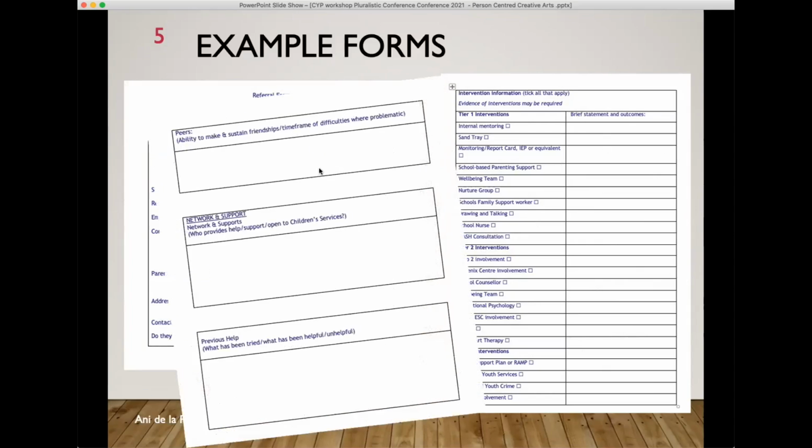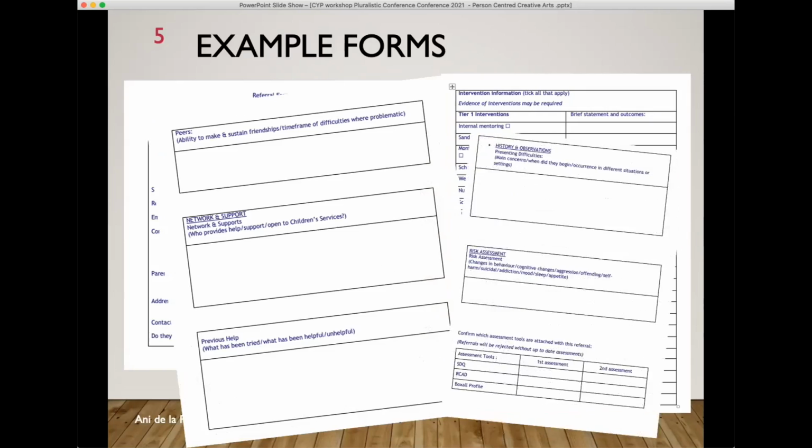Then there's a box to comment on their ability to make and sustain friendships, time frame of difficulties, whether they're problematic, network and support, who gives the child help, whether they're involved with children's services, which can be important to know, previous help, history and observation, presenting difficulties, risk assessment.